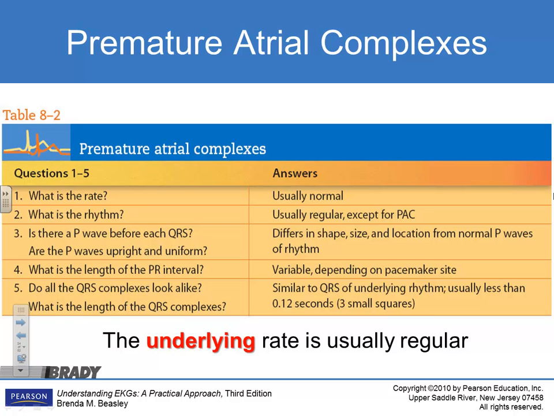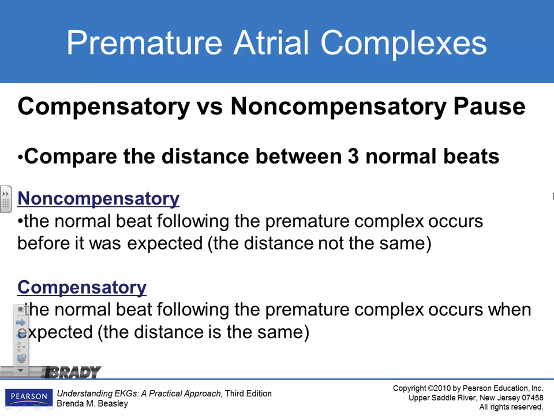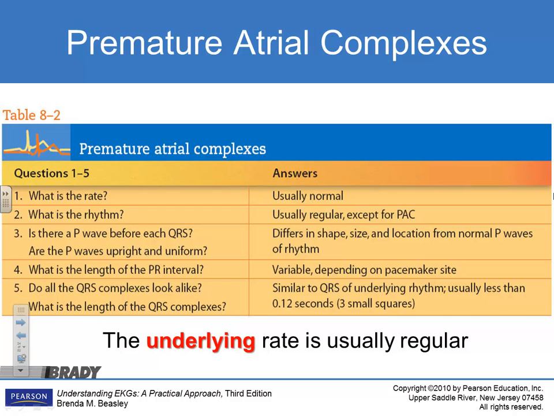But the biggest thing that you're going to notice is going to be the PR interval and then the regularity of the rhythm. The underlying rate is usually regular, so we're going to name it by its underlying rate, correct?